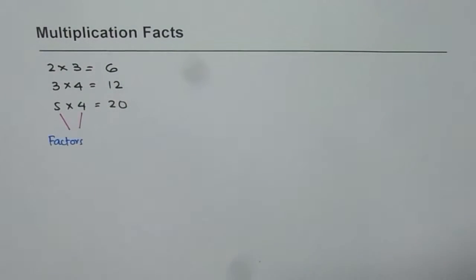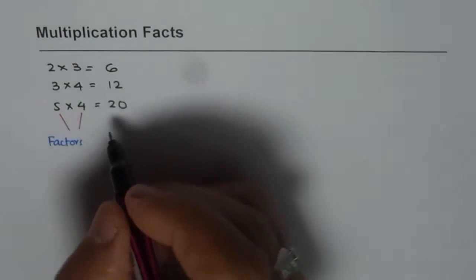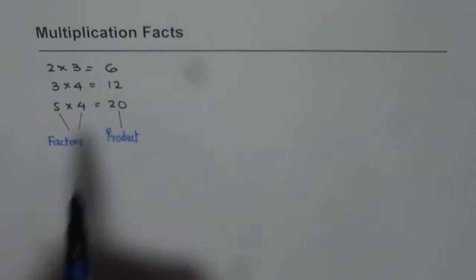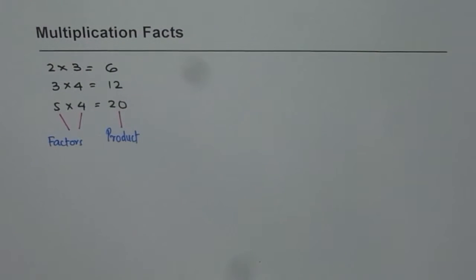The number you get is called the product. So 20 is the product, and 5 and 4 are factors of 20. When you multiply the factors together, you get a product. That is a technical term which we can use.